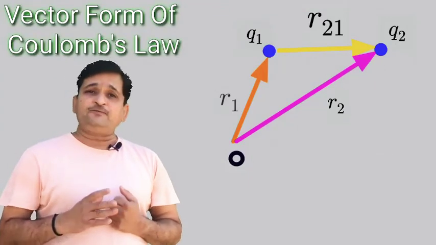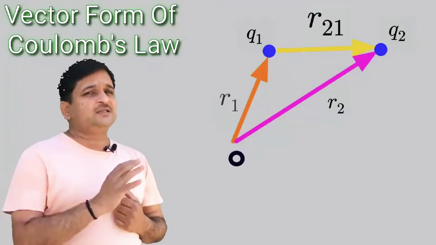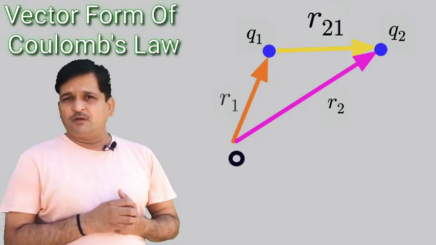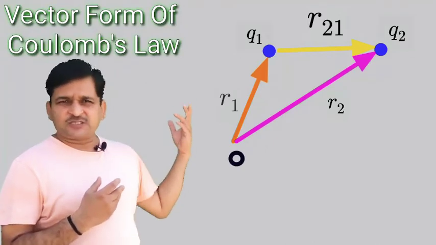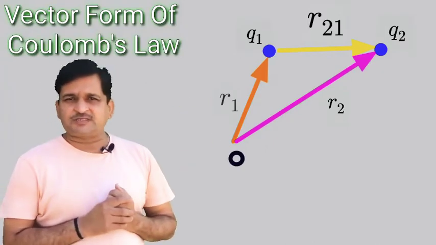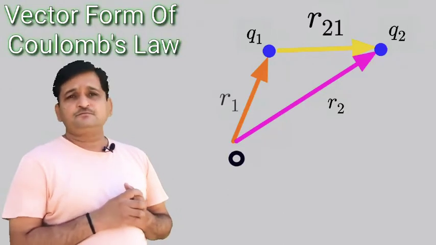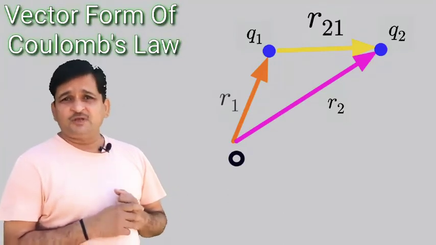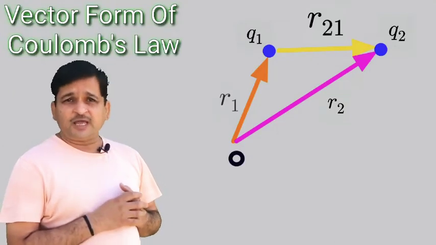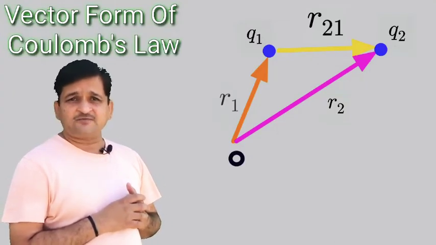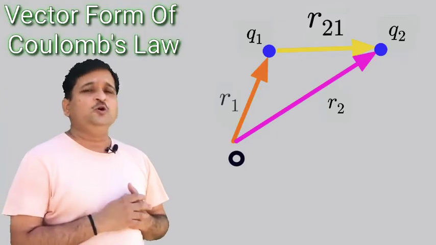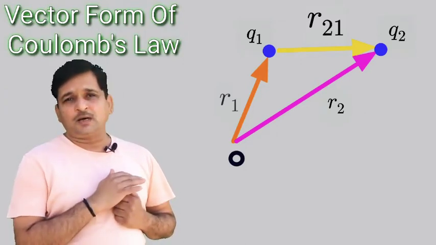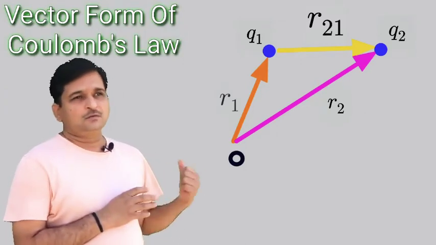Now if one charge is positive and another charge is negative, it doesn't matter which charge is positive and which is negative, then we will get a minus sign before this formula. So the formula will become vector F21 equal to minus 1 upon 4 pi epsilon naught, Q1 Q2 into R21 cap upon R21 square.